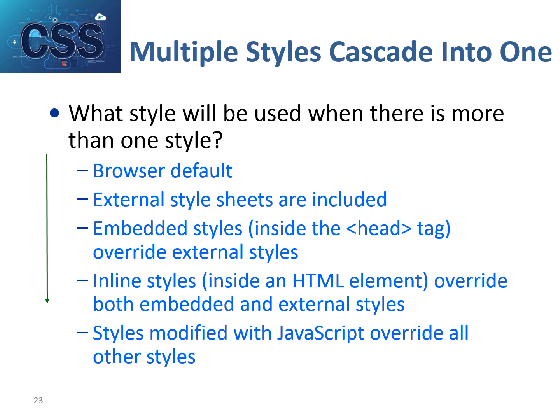If the lower three levels are absent, then it gives priority to external style sheet. If all these lower four levels are not there, then the browser default style should be applied. So the highest precedence is for styles modified with JavaScript, then the inline style, then the embedded style, then the external style sheet, and finally the browser default.